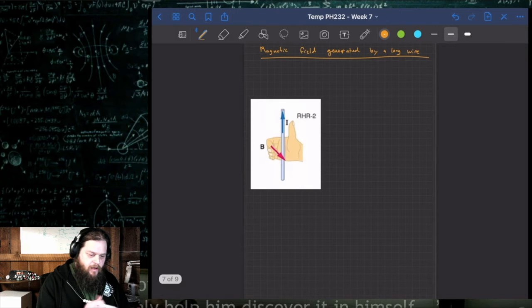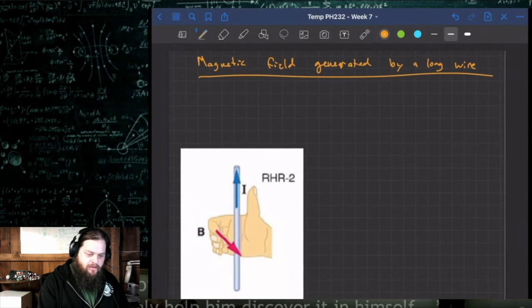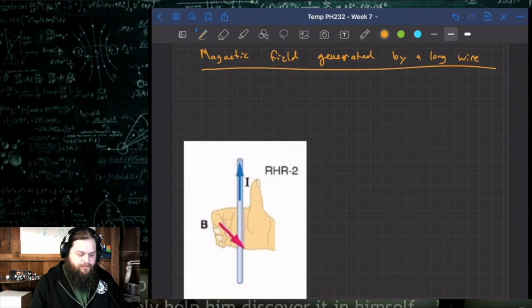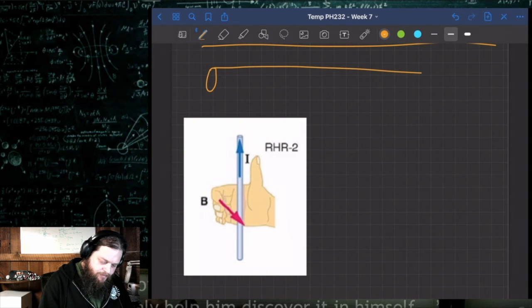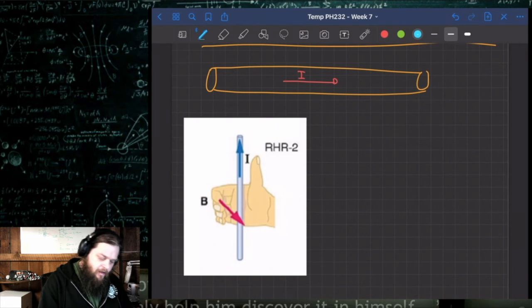Let's move on. We're going to talk about magnetic fields generated by a long wire. So when we have current flowing through a wire, I'm going to draw a wire here. If there's current flowing through that wire, it's going to create this magnetic field radiating out around it.